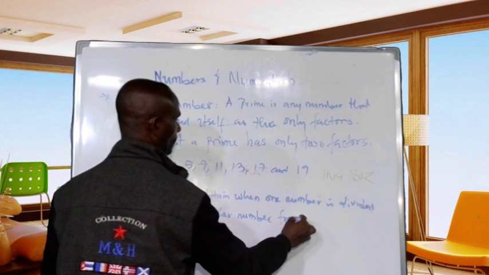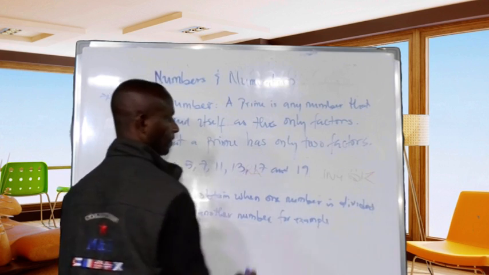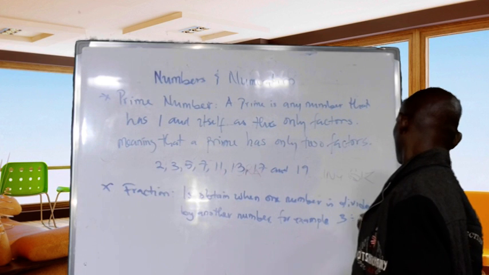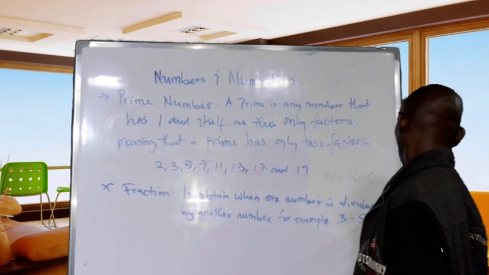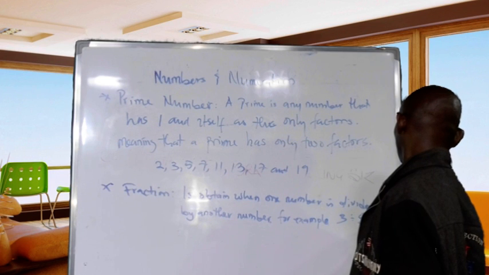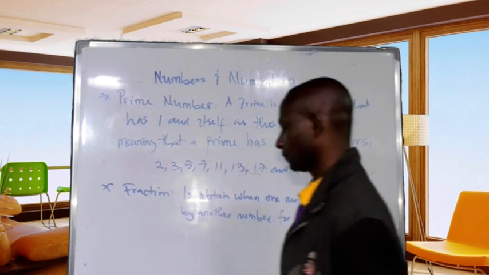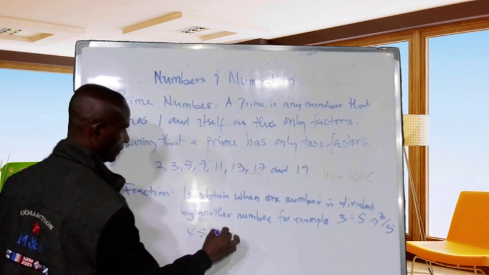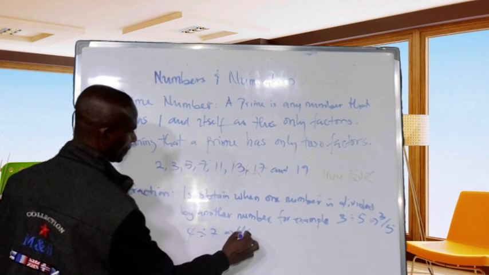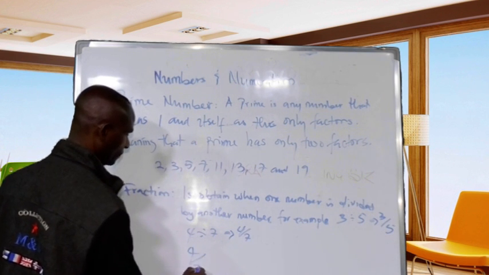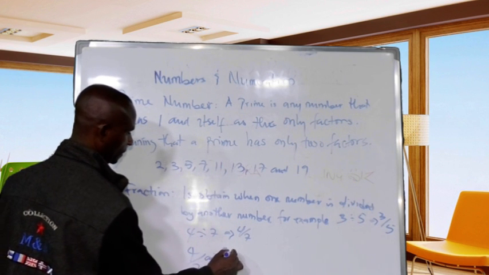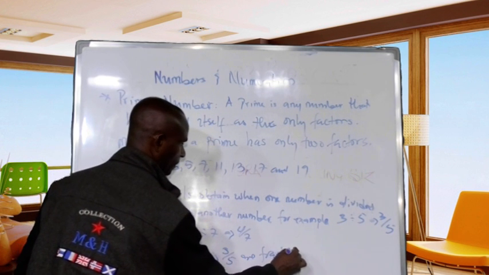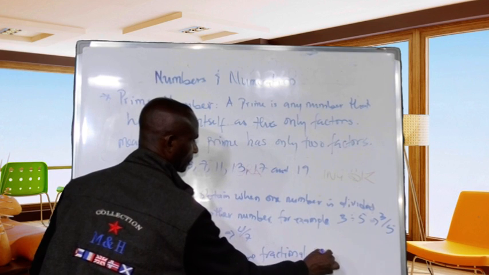For example, 3 divided by 5, the same thing as 3 over 5. Or we have 4 divided by 7, the same thing as 4 over 7. 4 over 7 and 3 over 5 are fractional numbers.